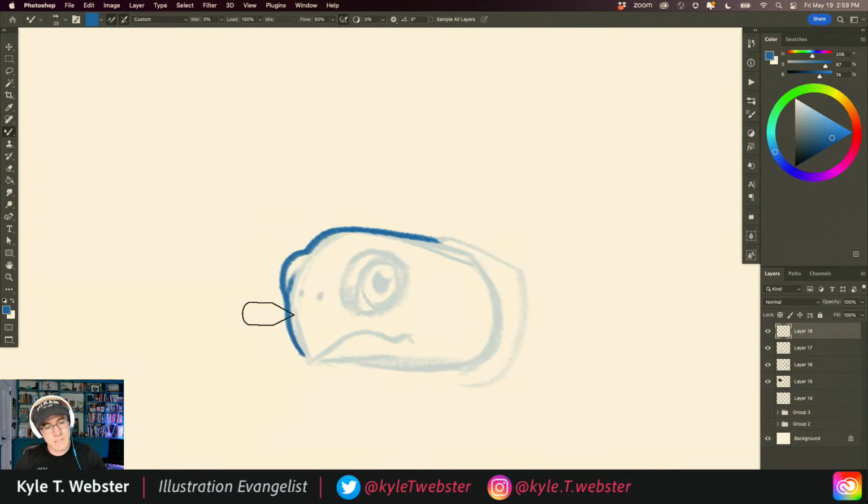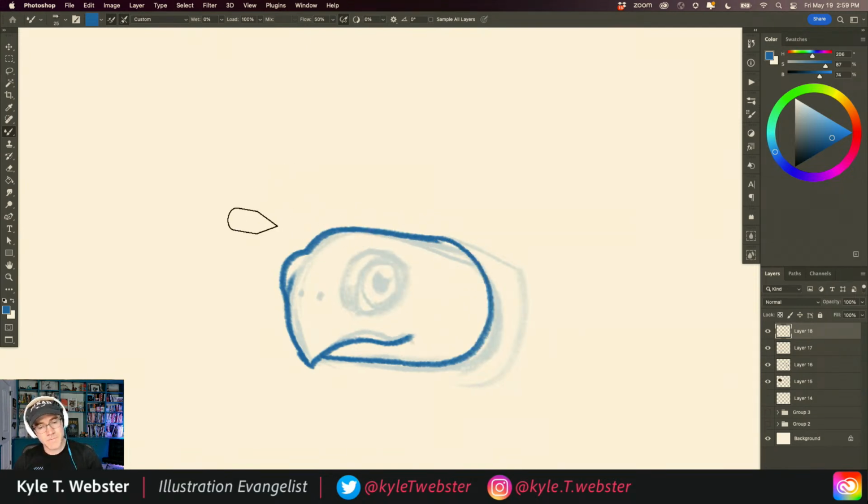Okay, so I can just do this. We can have this mouth overlap a little and simplify to just this one curve here, and then come straight back. This becomes our new shape here.